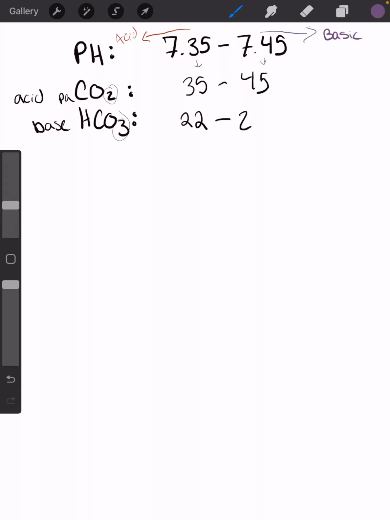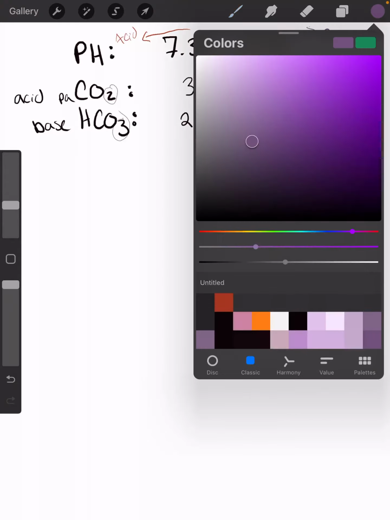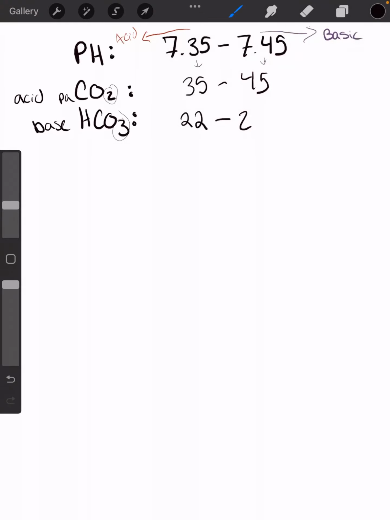So these next two. Oh, I erased the 6. Hang on. Sorry, it's a touch screen. So CO2, that is our acid. So just think about it. If your CO2 is high, it's acidic.